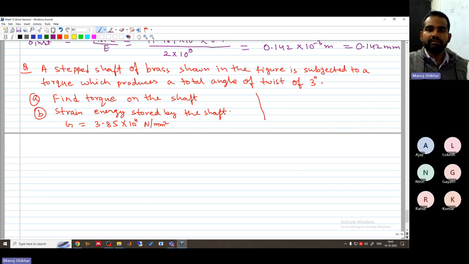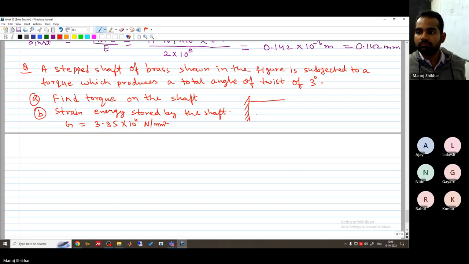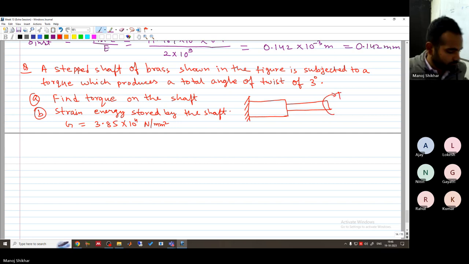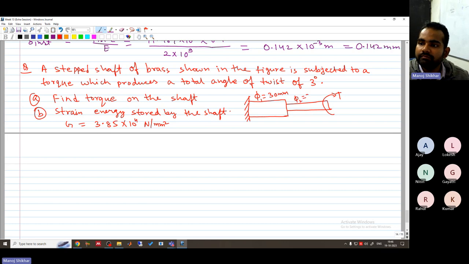The figure is something like this. The diameter here is 30 mm. This is phi 1, this is phi 2 is 25 mm.